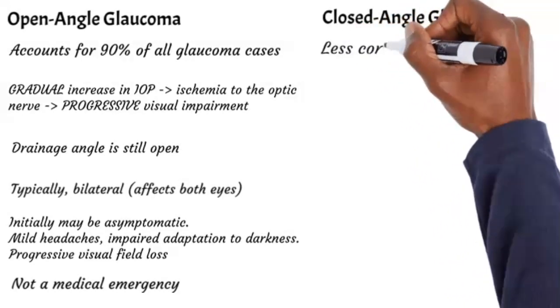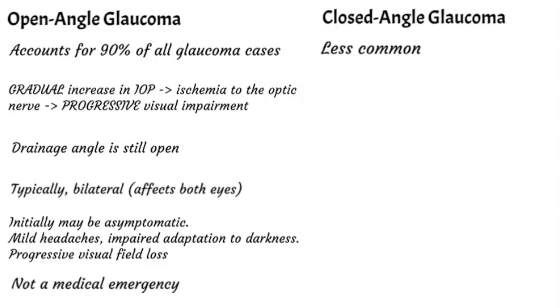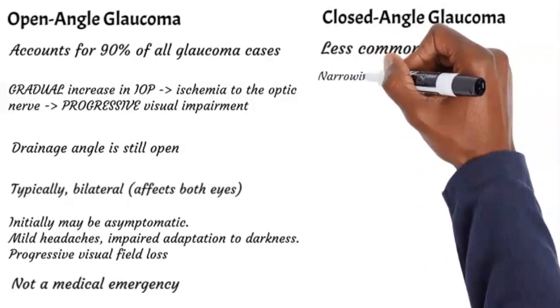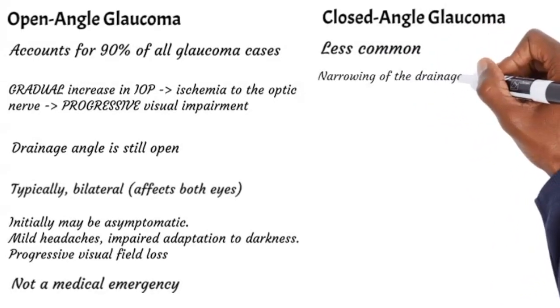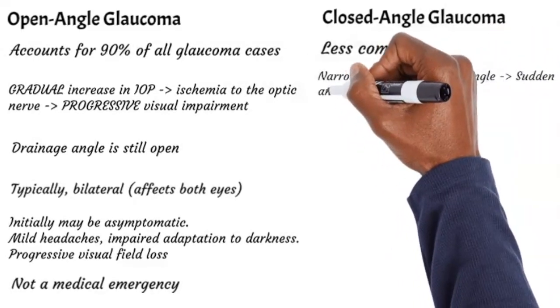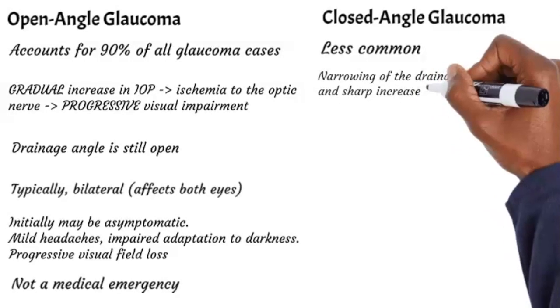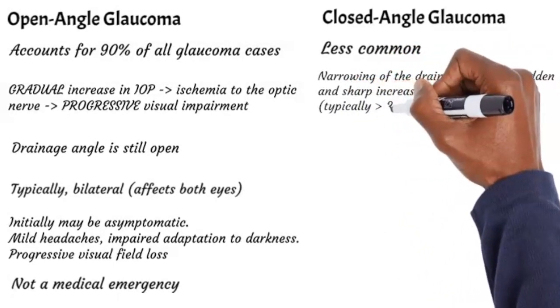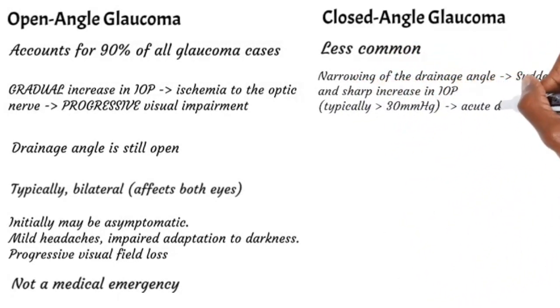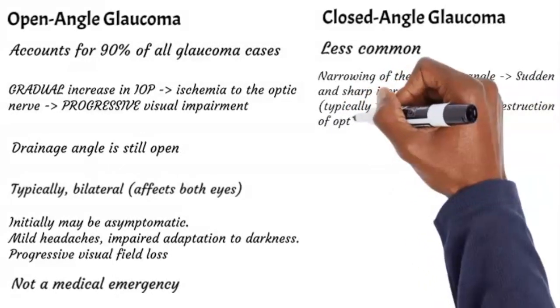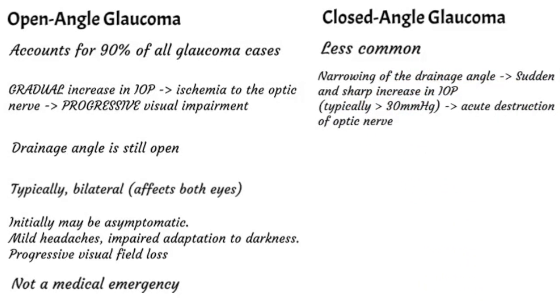With closed-angle glaucoma, this is less common than open-angle glaucoma and is typically caused by blockage of the trabecular meshwork, typically due to narrowing of the drainage angle, and this leads to a sudden and sharp increase in the intraocular pressure, with intraocular pressure typically being greater than 30 millimeters of mercury, resulting in an acute destruction of the optic nerve without adequate management.